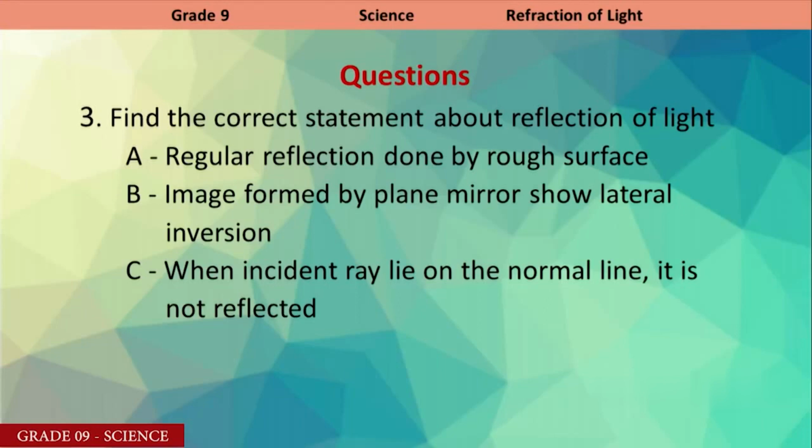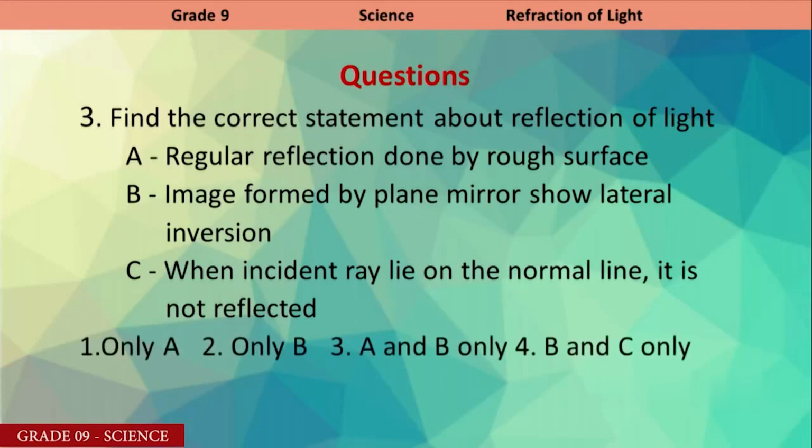C, when the incident ray lies on the normal line, it is not reflected. That is wrong. You know, when a ray of light is incident on a plane mirror on the normal line, it is reflected back in the same direction. So, C is also wrong. So, the answer is 2. Only B is correct.